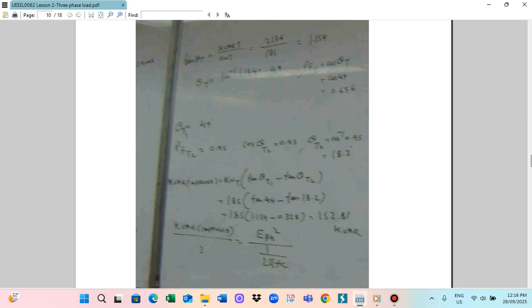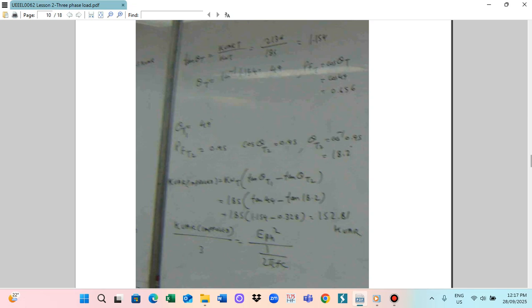So we have to calculate the power factor improvement. So the formula is kVAR improve is equal to kilowatt total multiplied by tangent theta total 1 minus tangent theta total 2.